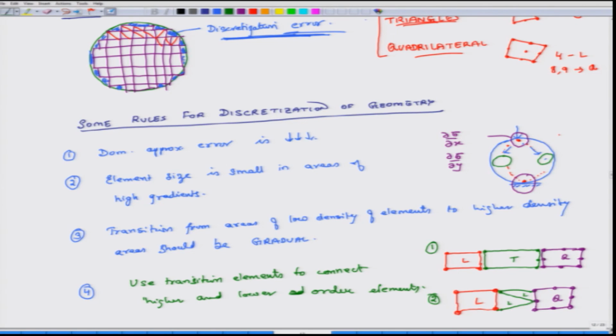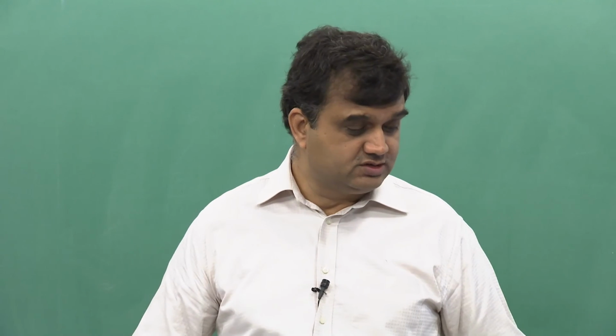This is another linear triangle, and this is another linear triangle. This is another way to connect them. So, these are some of the important rules.